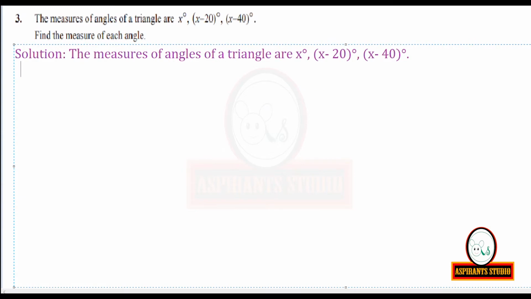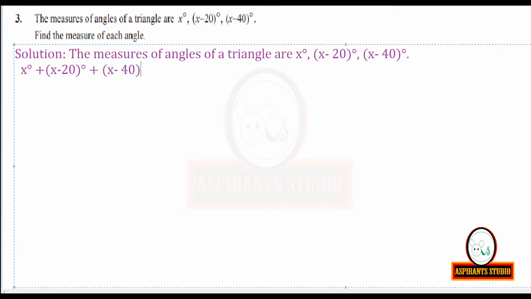Now, coming to question number 3. The measures of angles of a triangle are x degrees, x minus 20 degrees, x minus 40 degrees. You have to find the measure of each angle.